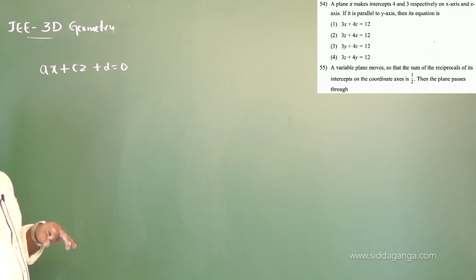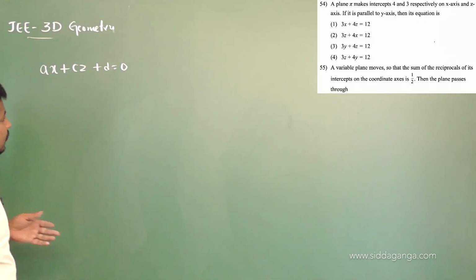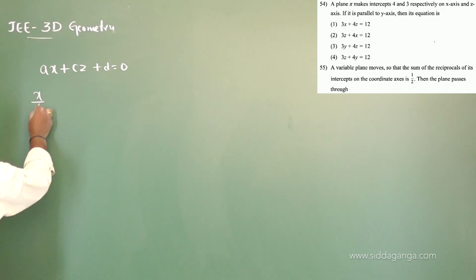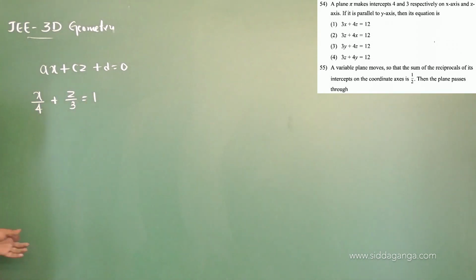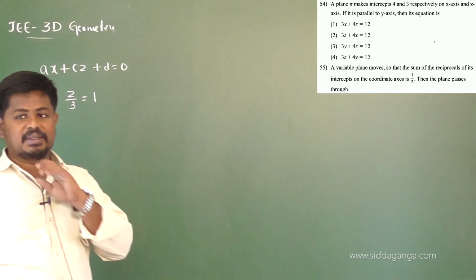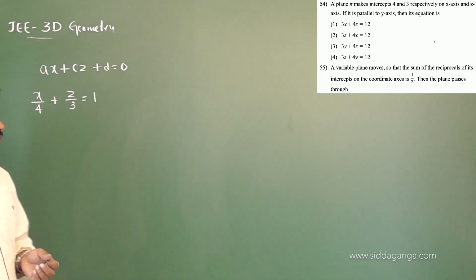And they have given x intercept as well as z intercept. You mean equation is what? X by 4 plus z by 3 is equal to 1. X by a plus y by b plus z by c is equal to 1. So this gives what?